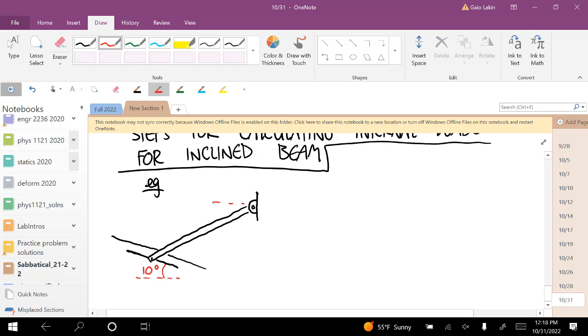And the beam makes an angle of 40 degrees with the horizontal. And the beam has a length of 2 meters and a mass of 50 kilograms.